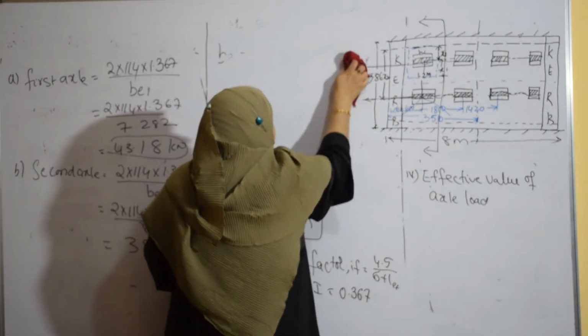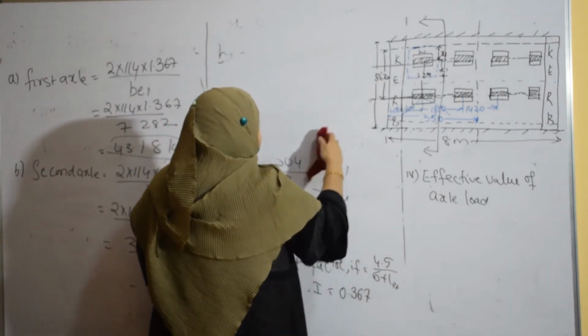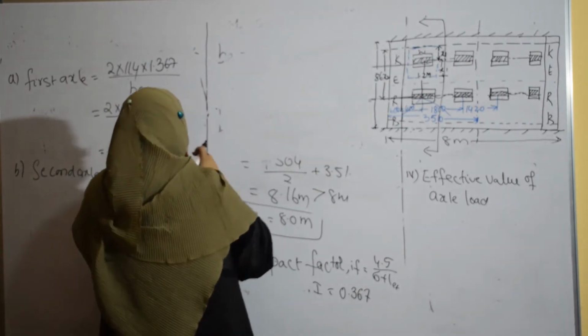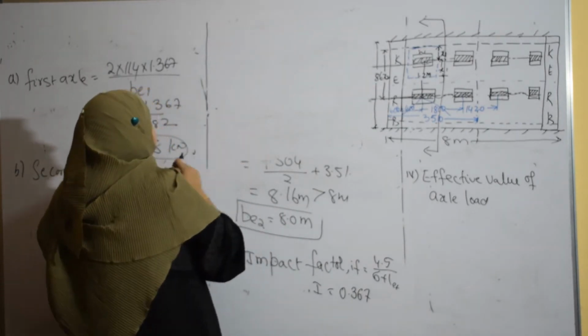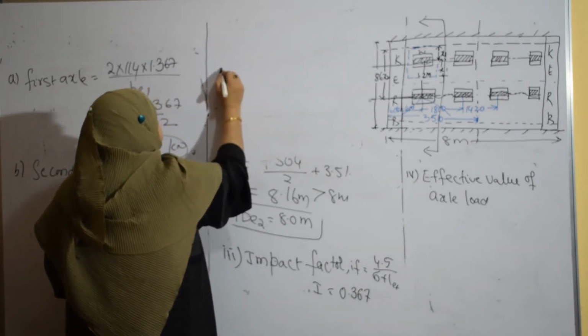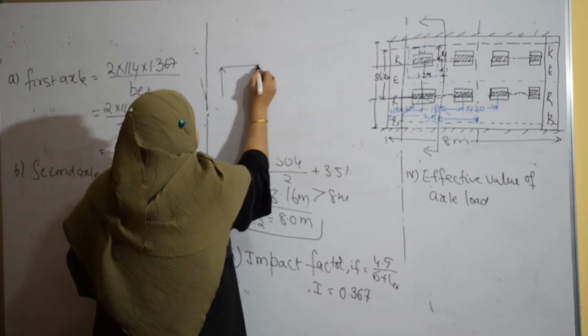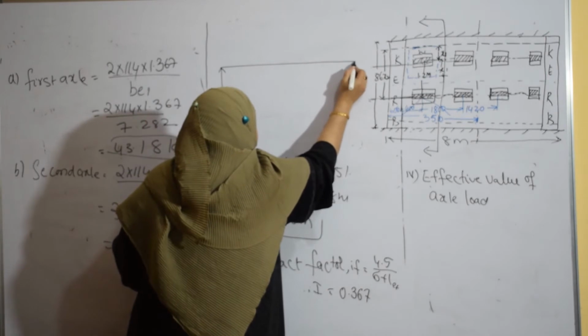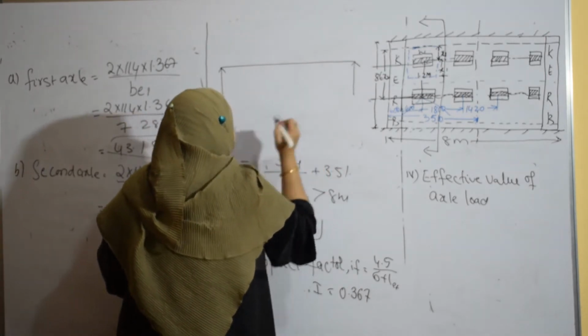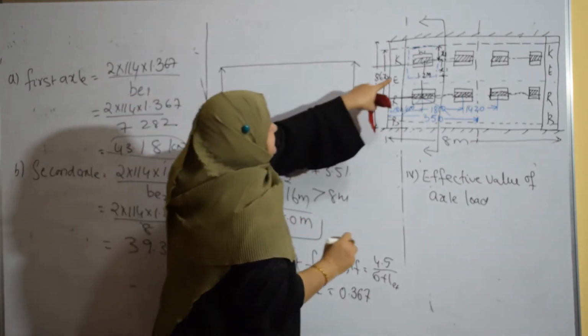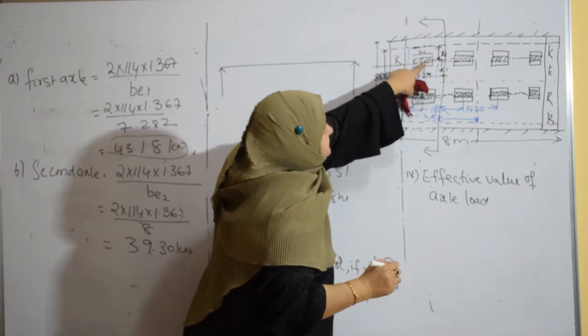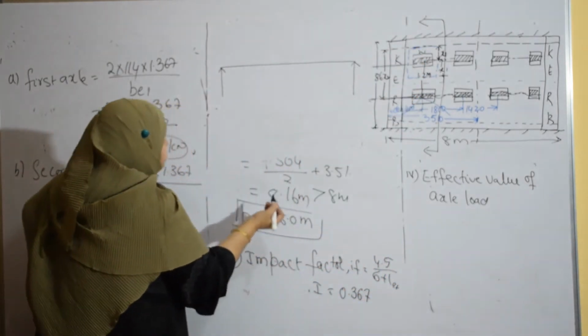All of you are very well aware of those figures, so it will be better if I draw it according to the convention. This is our first support, then this is the deck slab, and this is the second support. Now the center load is at a distance of x1. x1 was 0.786 meters.